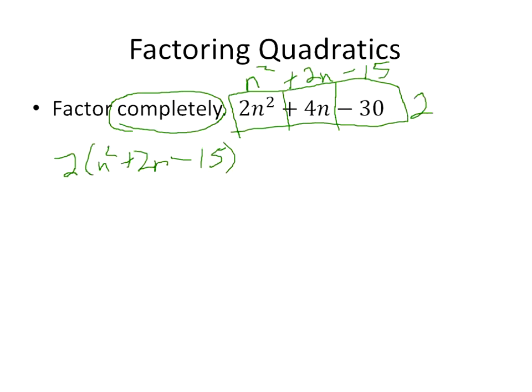And now I can see that I've got a quadratic trinomial there, and I'm going to factor it like I just finished doing with my generic rectangle and my diamond problem. I'm trying to figure out how to split up the 2n here between those two rectangles. So I'm going to make my generic rectangle.